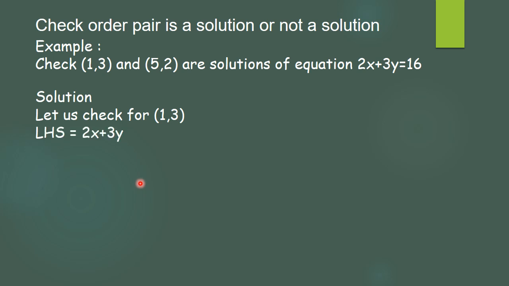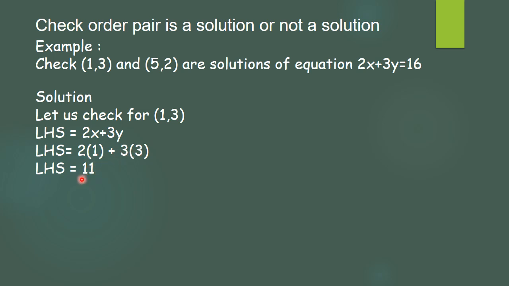What is the left hand side of this equation? It is 2x plus 3y. Now what is the value of x? It is 1, that is the x coordinate, and the value of y is the y coordinate, that is given as 3. Now replace: 2 into 1 plus 3 into 3. So the left hand side will be 2 plus 9, that is 11.